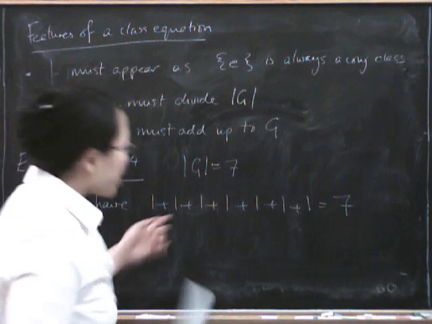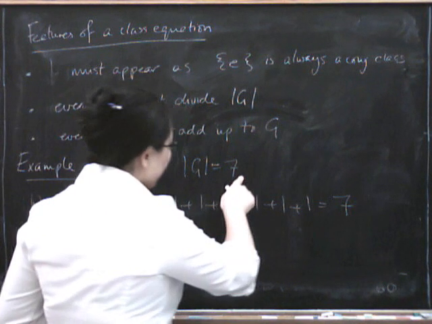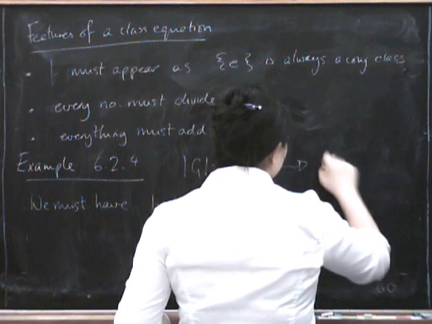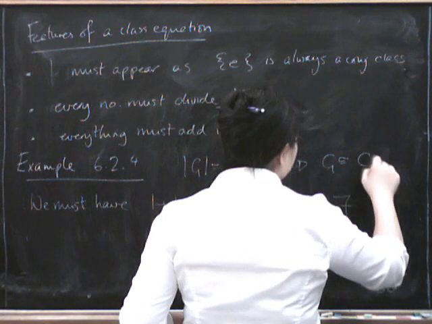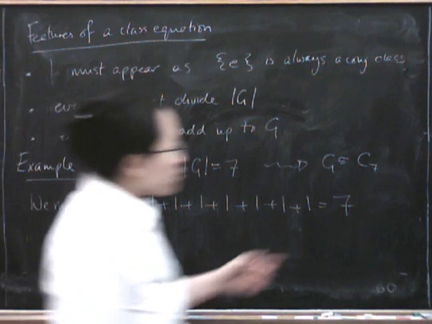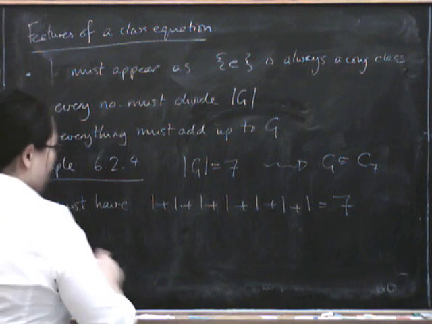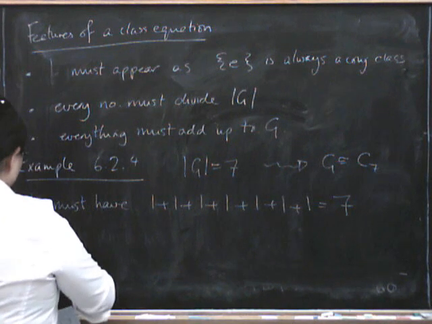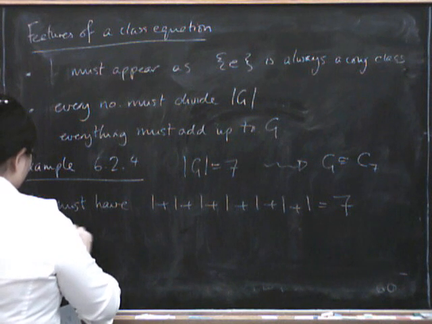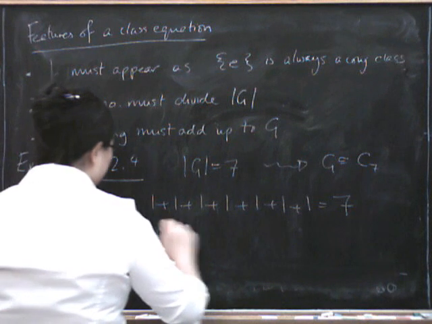And of course, we know that this is true, because we've already seen that if the order of G is 7, then G has to be the cyclic group of order 7, because 7 is prime. And if it's a cyclic group of order 7, this is abelian. G has to be isomorphic to C7, so it is abelian.